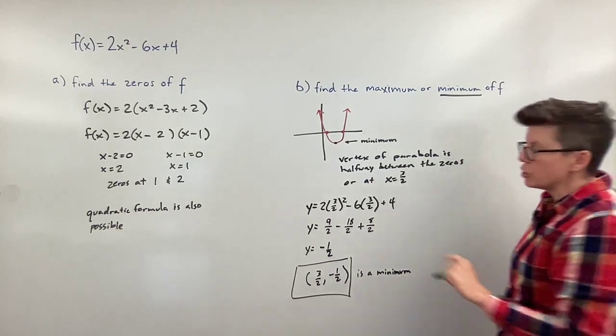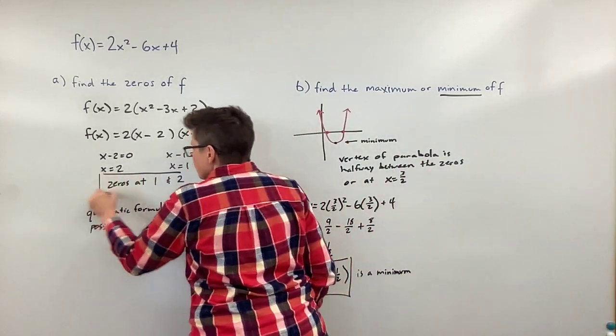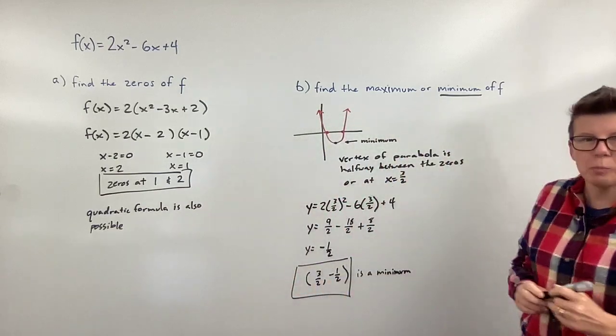That's the minimum point of the function, and then also the zeros. Hope that's been insightful.